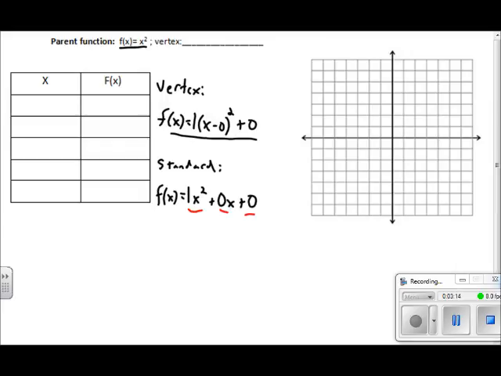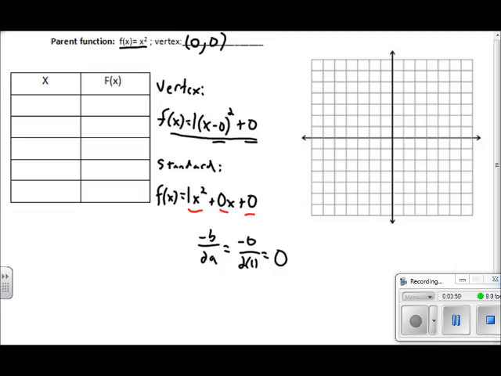Looking at it from vertex form, our vertex is (h, k). Remember this is minus h, so our h is just the 0, so it's (0, 0). If we wanted to find that in standard form, we'd have to do negative b over 2a, which would be negative 0 over 2 times 1, which gives us 0. That would just be the x coordinate, and then we'd have to solve for the y.